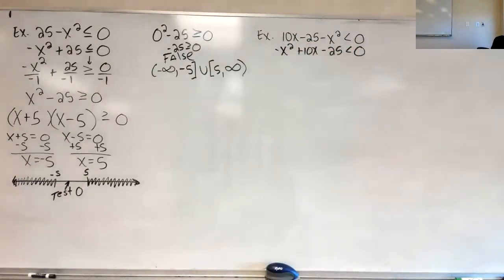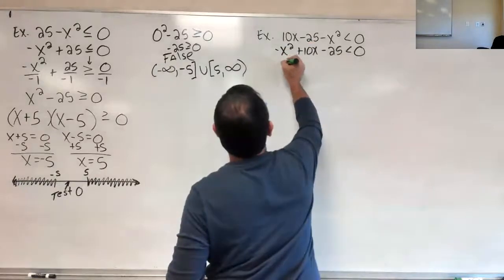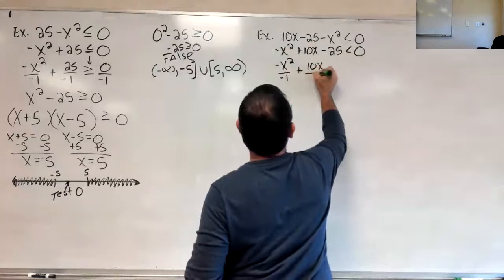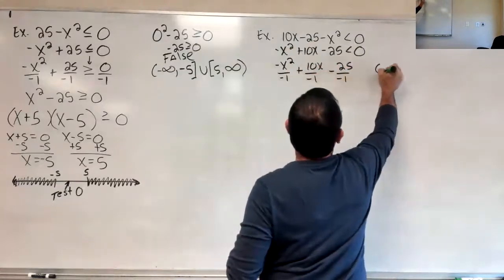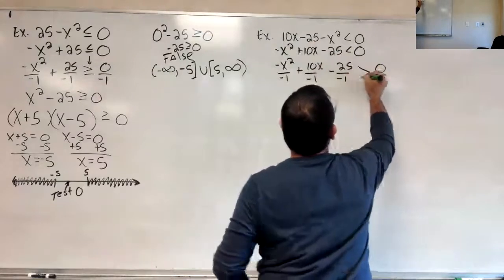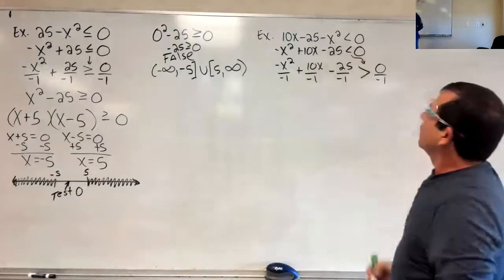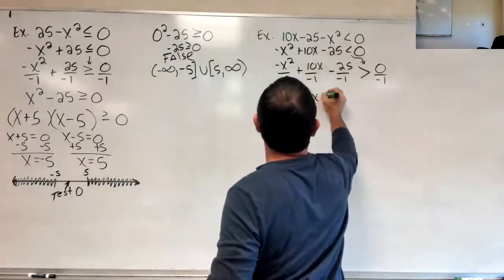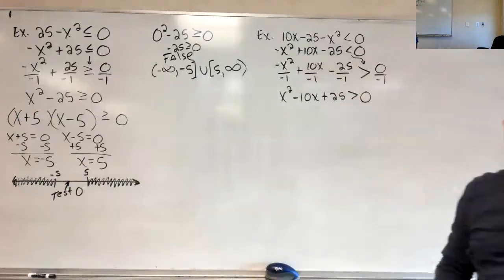So which one do you want to do next? Divide by -1. So we don't like the x squared being negative, which means this is now a greater than. All right, so I get an x squared minus 10x plus 25 greater than 0.